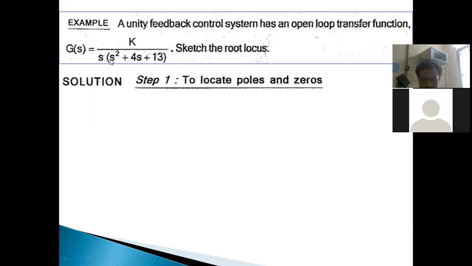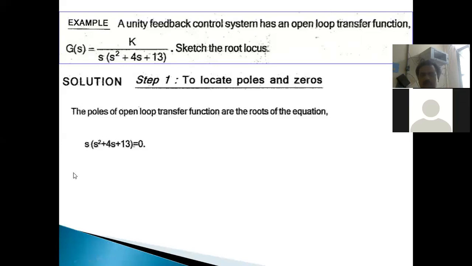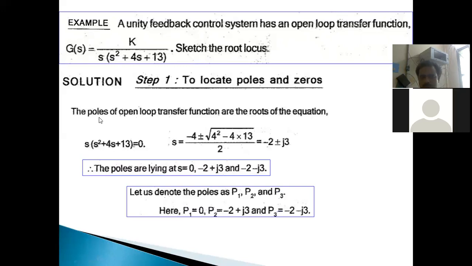So from the given open loop transfer function itself, we have to find the open loop poles. The poles of the open loop transfer function are the roots of the characteristic equation, here the denominator polynomial of this open loop system.